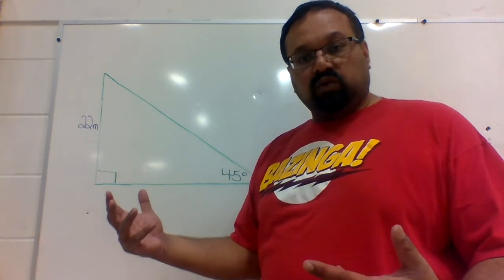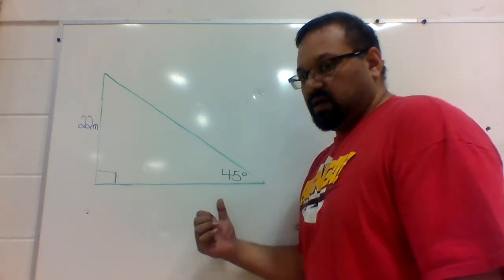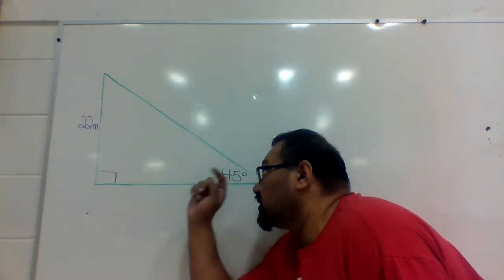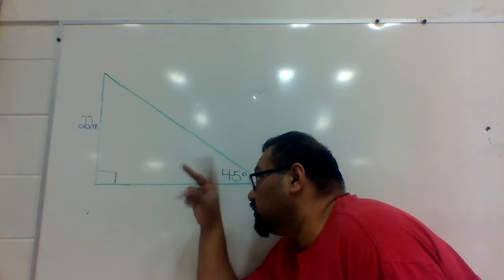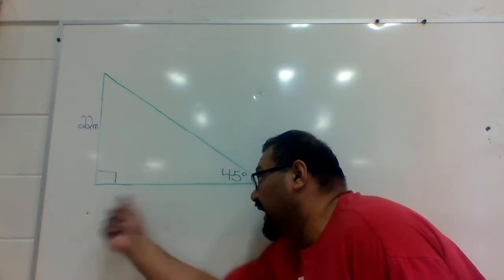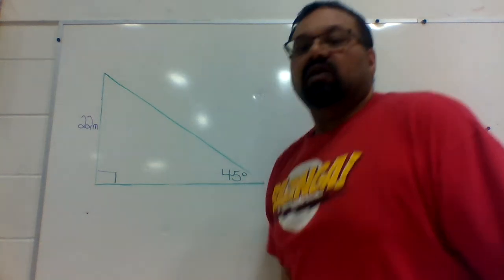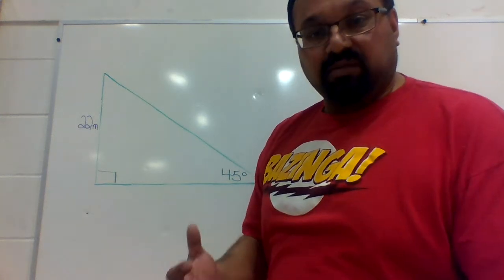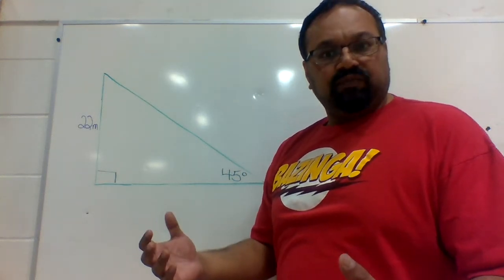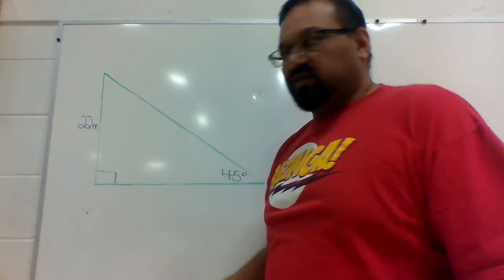In a real world problem, say I'm standing here, this is my eye, and I'm looking at a 45-degree angle to the top of a tree, or a building, that's 22 feet. How far am I actually standing from the building or tree? That's what I could calculate. Or how far do I have to be standing to be safe? That's how it's done.